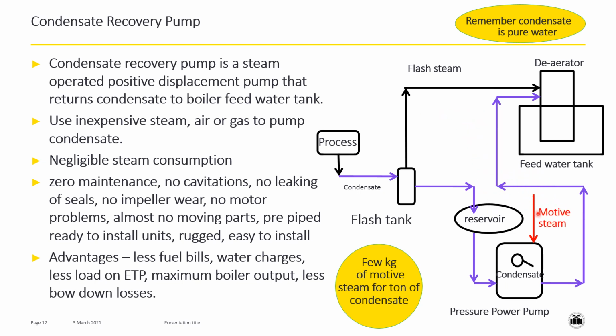High pressure steam will enter from this inlet and it will exert the pressure on the condensate and the condensate will be pumped to feed water tank through deaerator. This is how motive steam is used in condensate recovery pump.